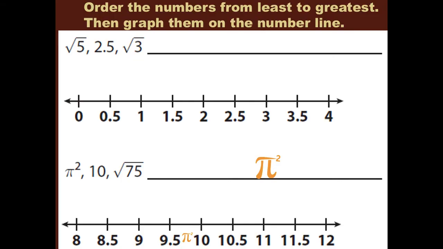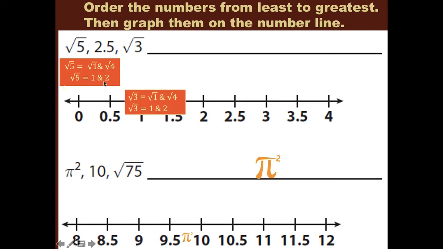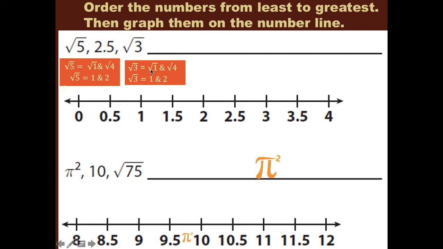Then we have the next: root of 5, 2.5 and root of 3. Let us first find them out. We know that root of 5 is in between the square root of 1 and the square root of 4, so it will be in between 1 and 2. Then square root of 3, again it's in between 1 and 4, so it will also be in between 1 and 2. Now since we got the square root of 5 and 3 in between 1 and 2, which will be least, root of 5 or root of 3?